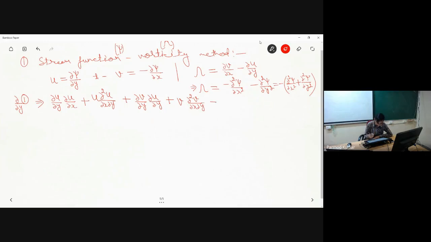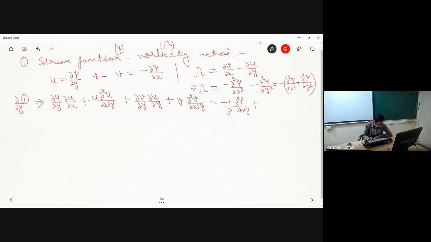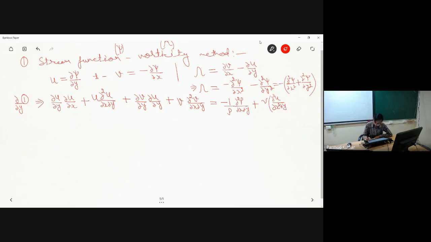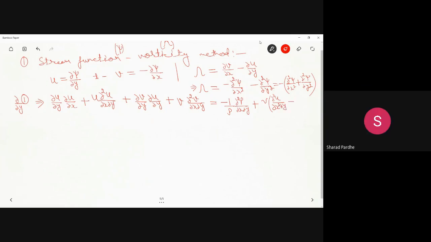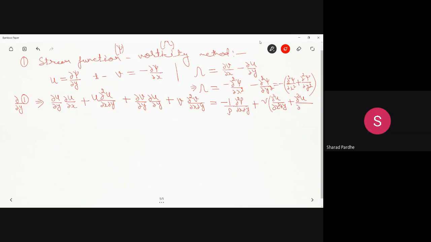On the right hand side, minus 1 by rho del square p by del x del y, plus mu del cube u by del x square del y, then plus mu del cube u by del y cube.